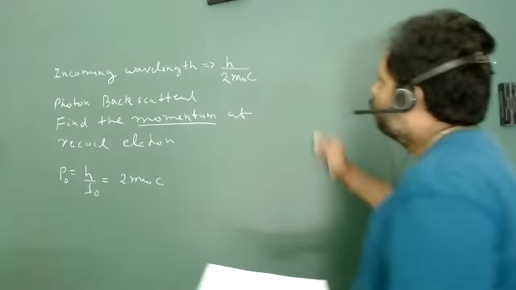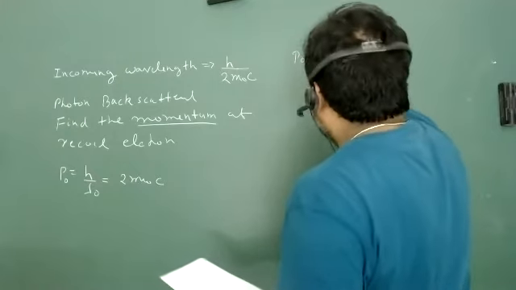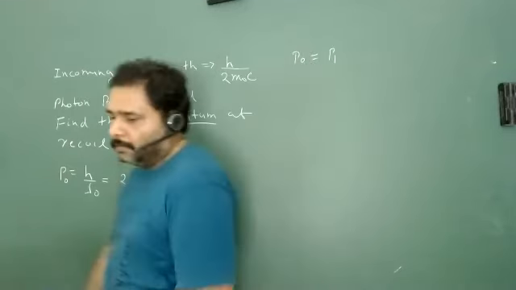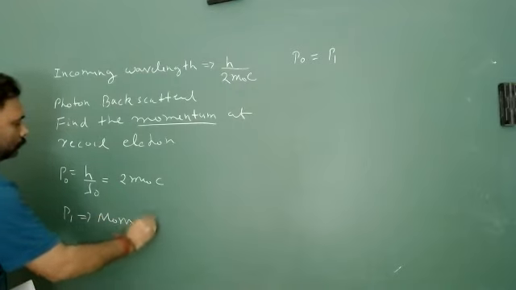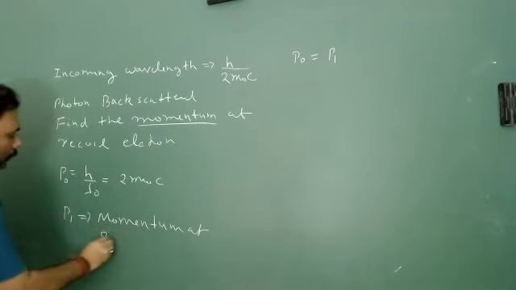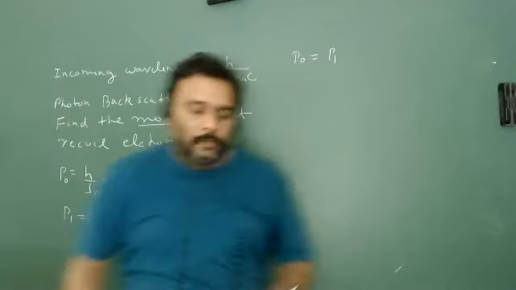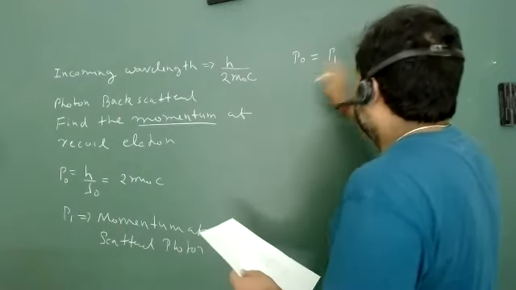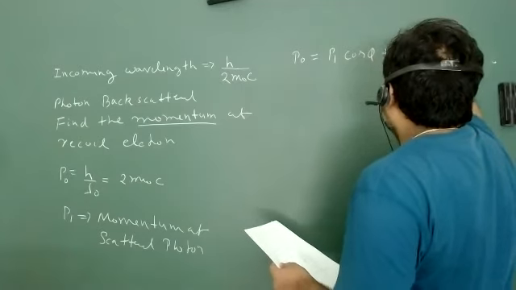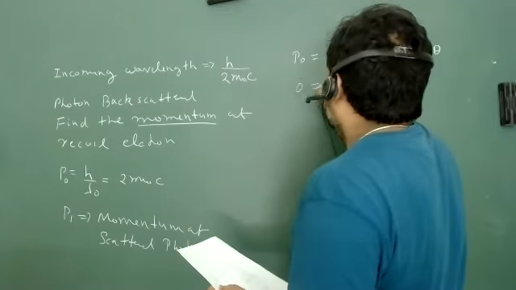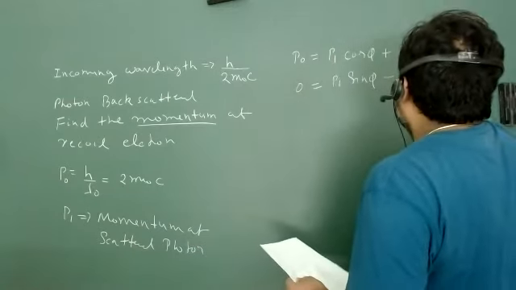P naught is equal to, with P1 being the momentum of the scattered photon, you can write this equation: P naught is equal to P1 cos phi plus P cos theta, and 0 is equal to P1 sin phi minus P sin theta.